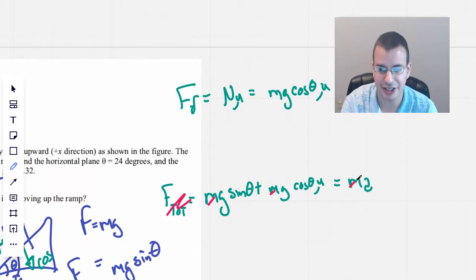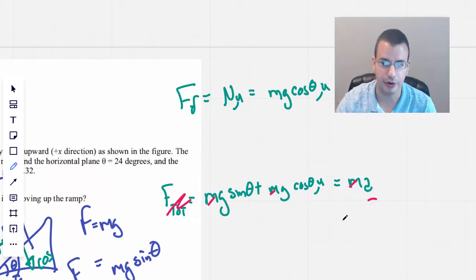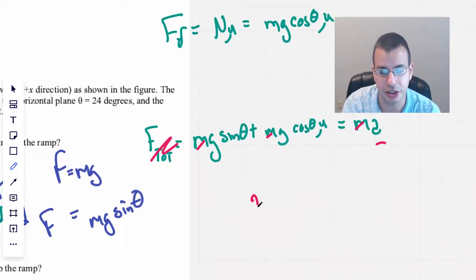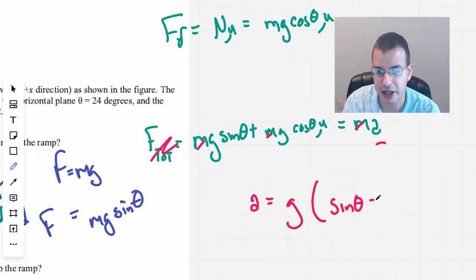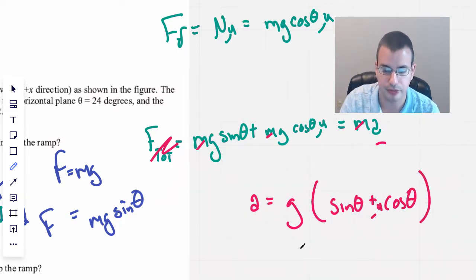Cross out all the masses, and we're left with acceleration, because that's what we're looking for. Now we have acceleration equals gravity times sine of theta plus cosine of theta times mu.